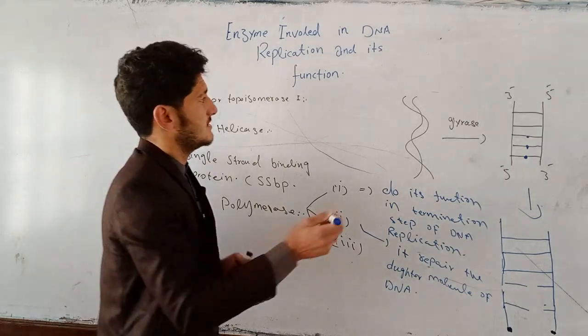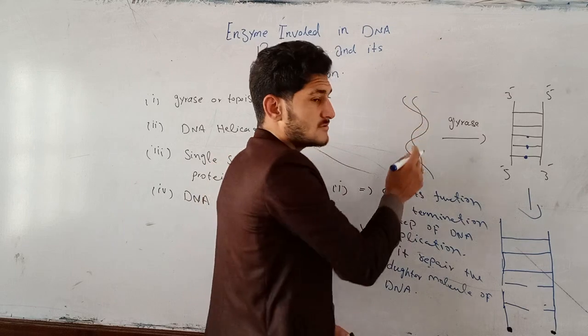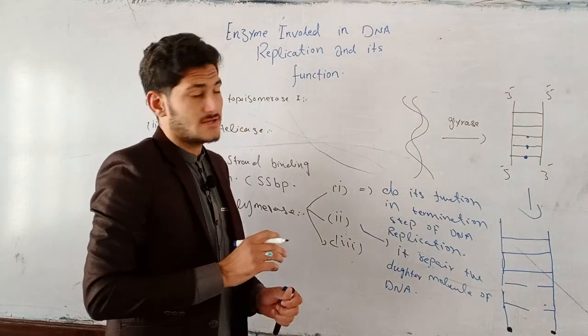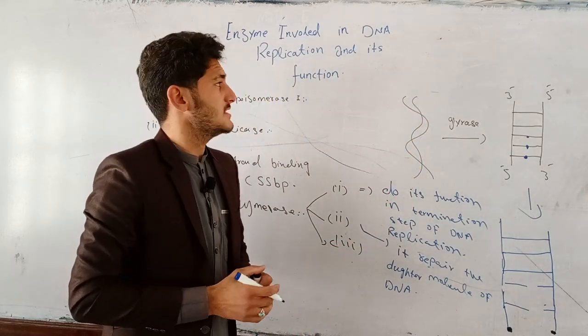Basically, mismatching is a phenomenon related to the nitrogenous bases, which are adenine, thymine, cytosine, and guanine.